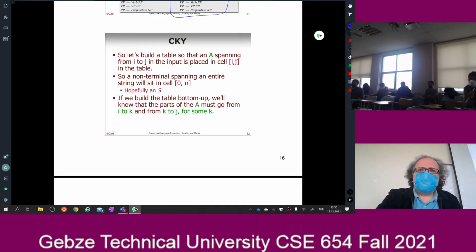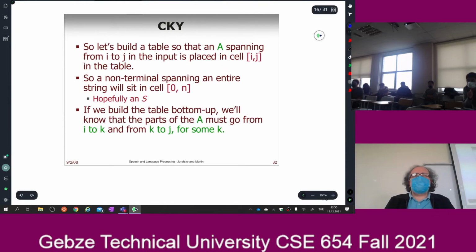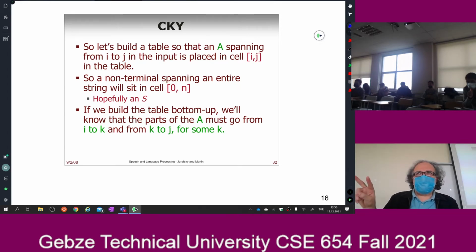Okay, we are going to build a table so that a span from i to j of the input is placed in cell ij in the table. So the table is two-dimensional, but it's triangular, so we don't use the lower part or the upper part depending on how we are doing it.